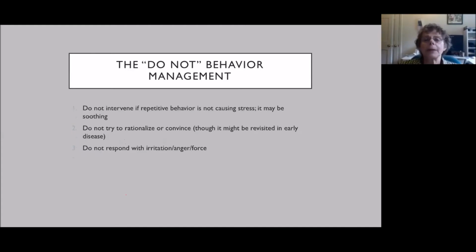The do not behaviors of management. Of course, you don't intervene if the repetitive behavior is not causing stress. It may be something that is soothing. That's okay. If the individual has a teddy bear and wants the teddy bear with them, this may be an obsessive behavior, but it's soothing.